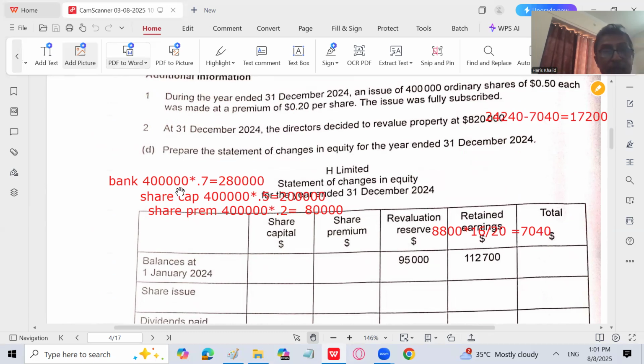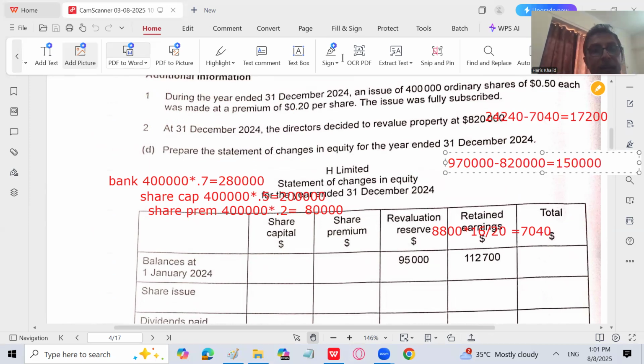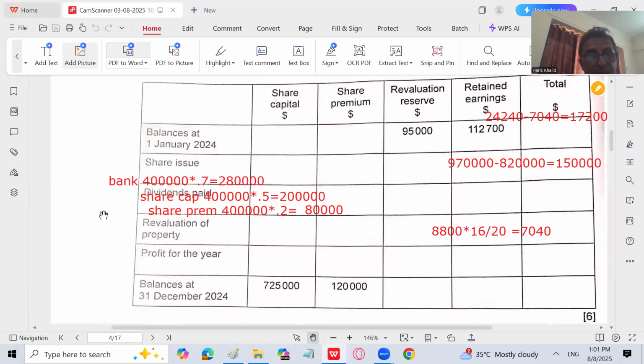That is a revaluation downward of 1,50,000. Where is the amount supposed to be taken from? If the revaluation reserve is there, it will be subtracted from the revaluation reserve, and the remaining amount will be subtracted from the retained earnings. So let me calculate now the statement of change in equity for you.